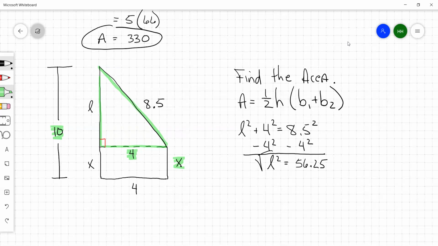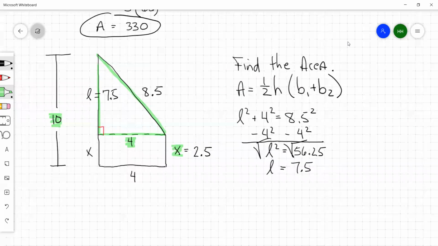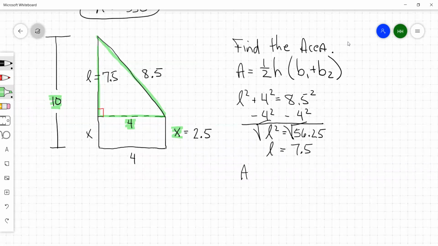And then you would find the square root of each, 7.5. So that's your L. So your X would be equal to 10 minus 7.5. And what's that? That's 2.5. So now our area is equal to 1/2 times the height.